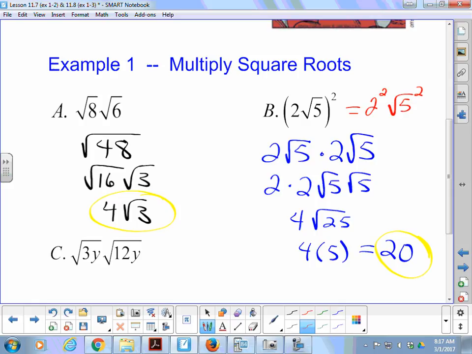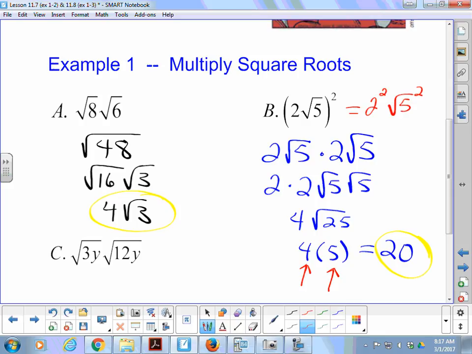Well, what's 2 squared? 4, right? And if I square a square root, those undo each other. And so the square root of 5 squared would just then be our 5. And we'd get 4 times 5 is 20.